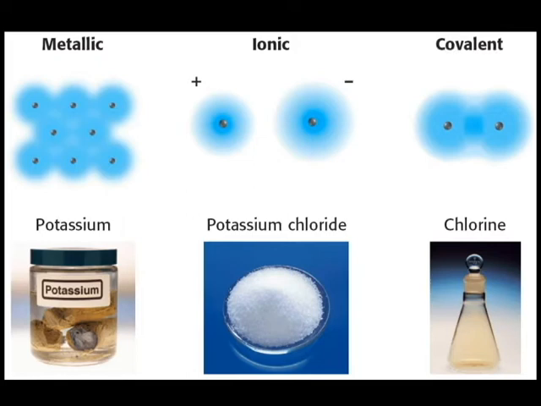Ionic bonds we learned about in the last notes. That's where you form a cation and an anion, see the plus and the minus, and they stick together, and it forms a salt crystal and all those properties. We already saw that. Okay, so potassium chloride is the example given here. And then there's covalent bonds. Well, we just started talking about covalent bonds, and that's where you share electrons. Neither one of them is an ion. You have no cation, no anion.